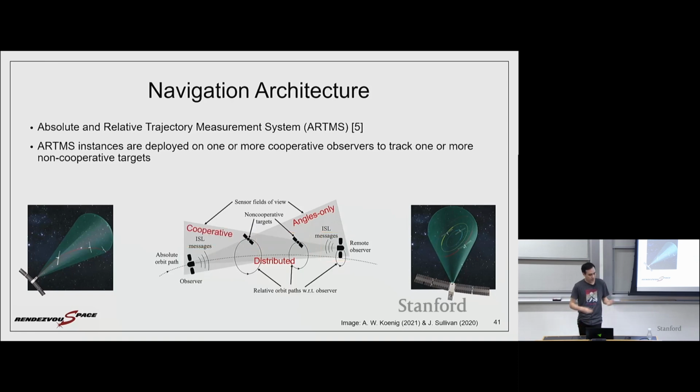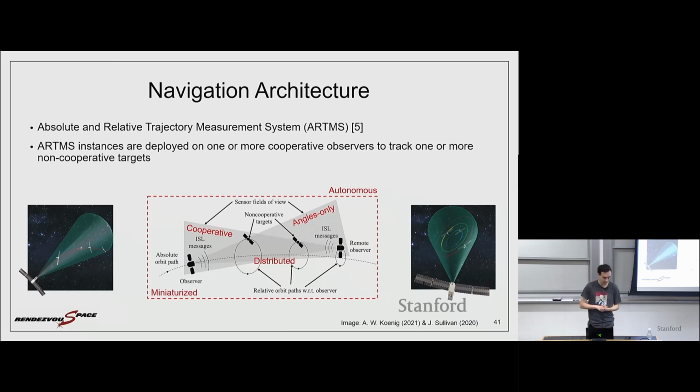It is cooperative, so the observers have cross-link radios they can use to share measurement information with each other. It's autonomous, so it requires minimal external interaction. In theory, we don't need GPS to run this. And it is miniaturized as well. Another thing we wanted to do is make it suitable for small spacecraft hardware, in this case trying to run it on 6U CubeSats.